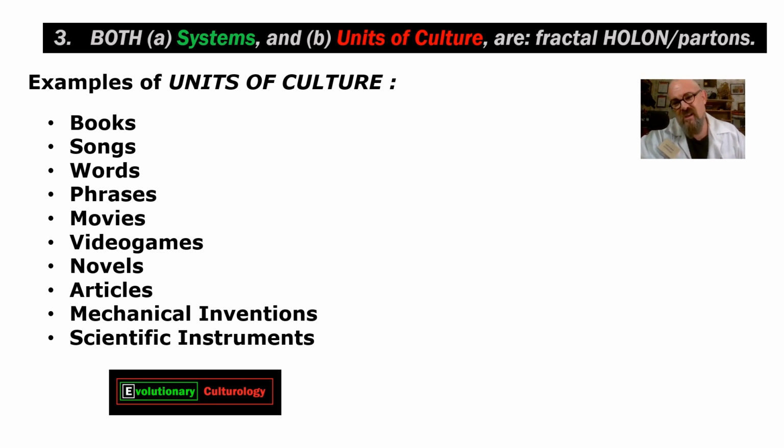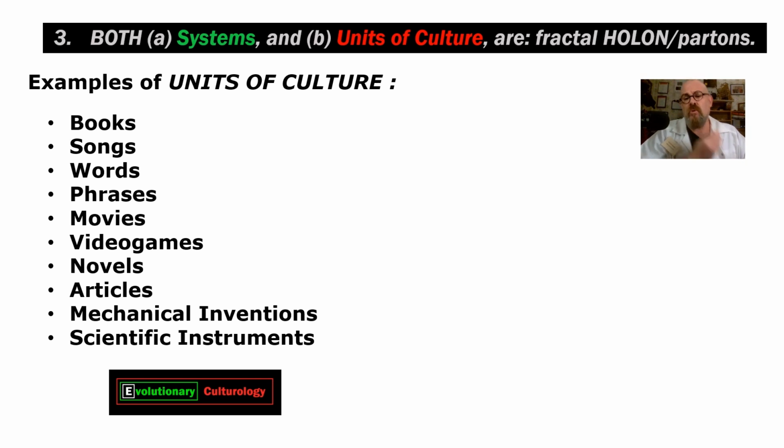EvCult isn't actually a cult, it's a meta science, but when we contract culturology to cult, it becomes EvCult. Games, novels, articles, mechanical inventions such as a computer or a car, scientific instruments such as a telescope, or CRISPR gene editing technology, etc. These are all units of culture or tools, and they're all structured and function as fractal Holon partons.